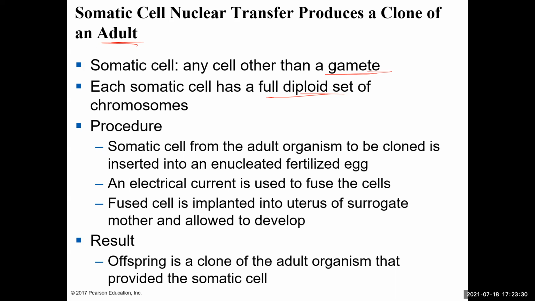So basically a fertilized egg that has had the nucleus removed. Electrical current is used to fuse the cells together, and then that cell is implanted into a surrogate and allowed to develop.